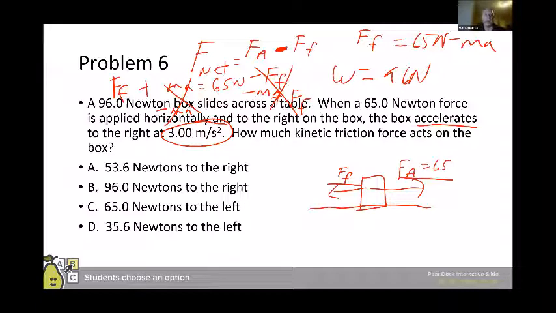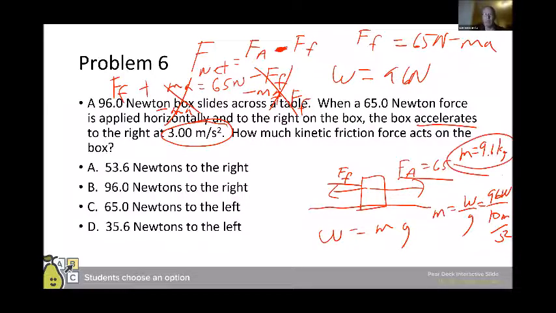And you might be saying, well, they don't give us the mass. But they sort of do, right? They give us the weight. And we know that weight is equal to mg, which means mass equals weight divided by g. So if our weight is 96 newtons and g is 10, remember, always use 10 in Physics 1. So our mass is 9.6 kilograms.